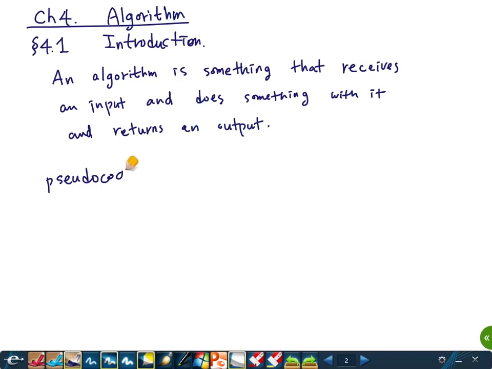Pseudocode is not an actual code like C, Java or Python, but something similar.